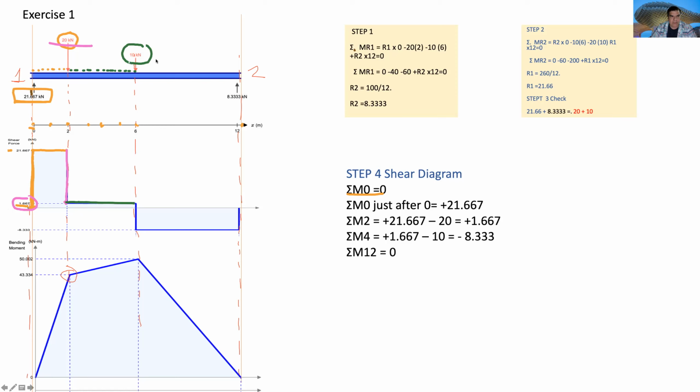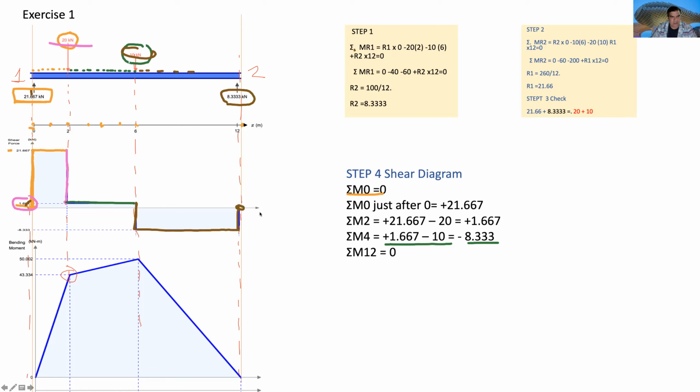When I receive 10 negative, I will tell myself this is 1.667 minus 10, -8.33. Well, I need to go down to -8.33. I mean, I go down 10, and because I have 1.67, I arrive to -8.333. Nothing happens here. I go straight. And obviously, the last number needs to be the same, 8.33, in order to close in 0.